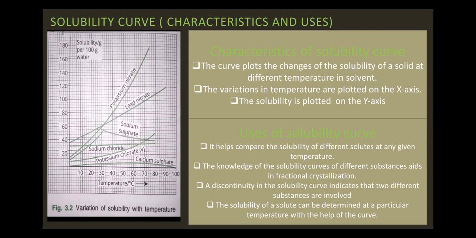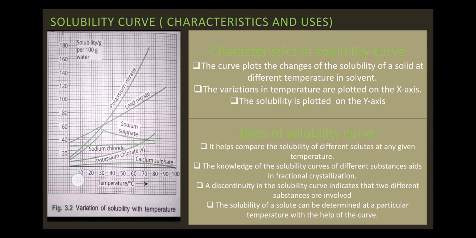What is the work of the solubility curve? The solubility curve shows us the variation of solubility with temperature. The solubility curves of substances like potassium nitrate and lead nitrate show a considerable increase in solubility with increase in temperature. Here, with the increase in temperature, the solubility of potassium nitrate is increasing.